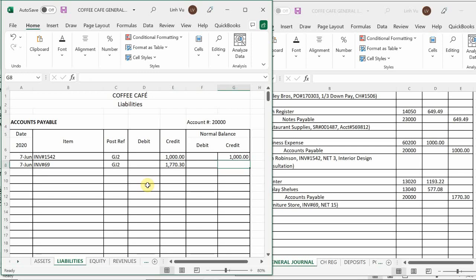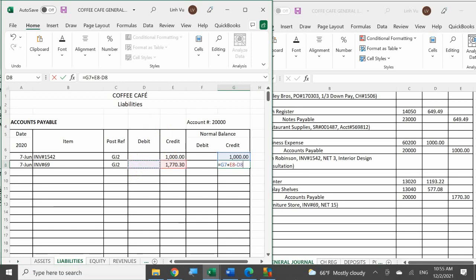So it's going to be the same formula, except with a little difference. In my credit column, I'm going to take my previous balance of $1,000. In order to increase my liabilities, I add my credits, and debits decrease my accounts. So again, previous balance of 1,000 plus 1,770 minus 0.